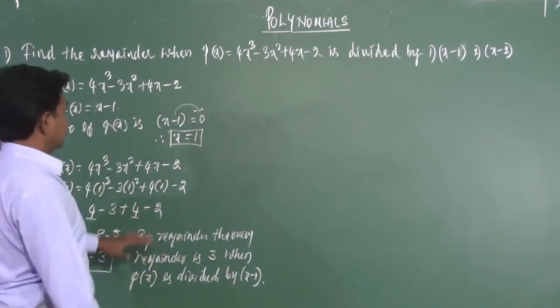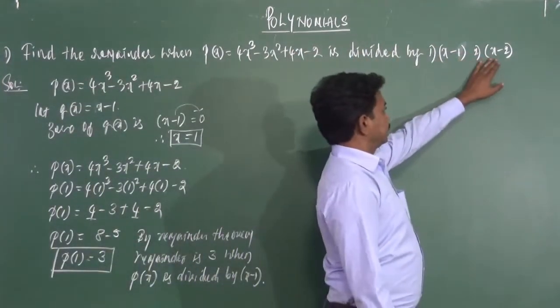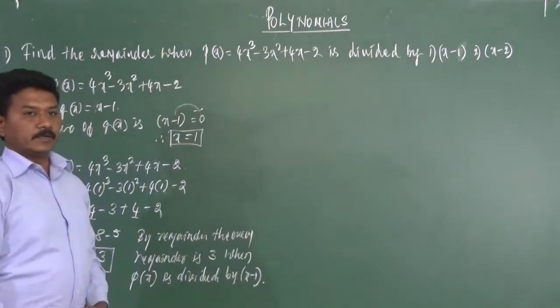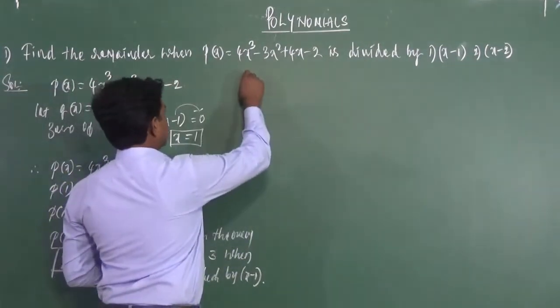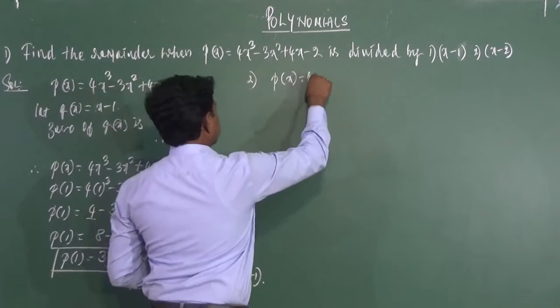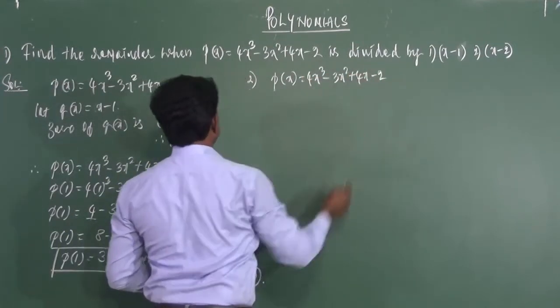In a similar manner, for the same p of x, we have to divide this p of x by x minus 2 and find the remainder without doing actual division, but by using the remainder theorem. So once again, let us get to the second one. So p of x is equal to 4x cube minus 3x square plus 4x minus 2.